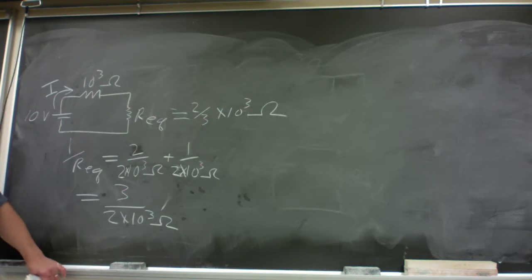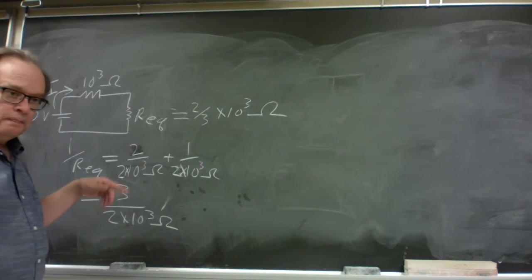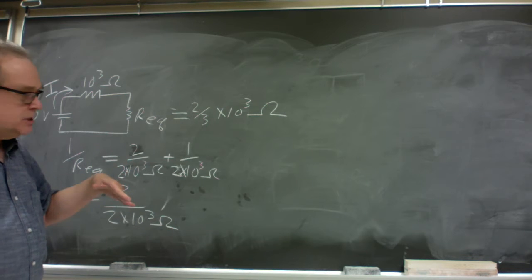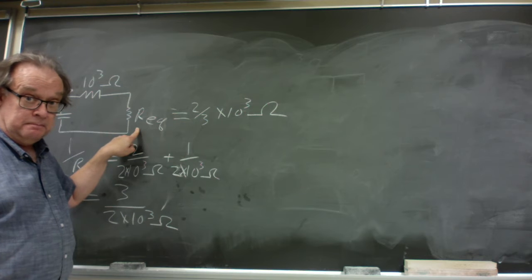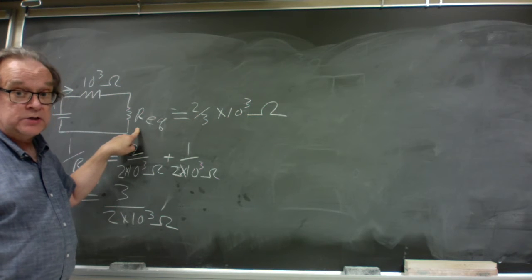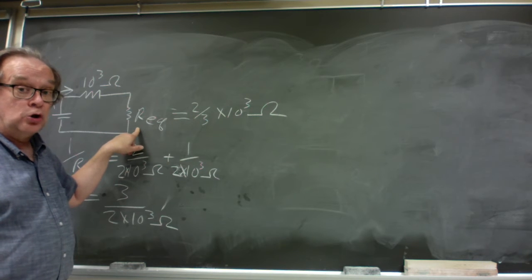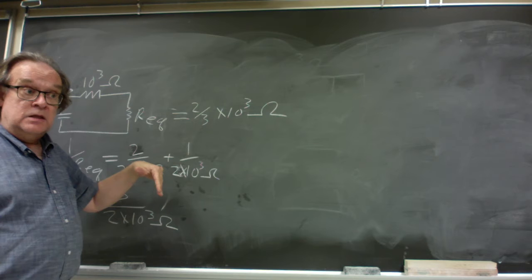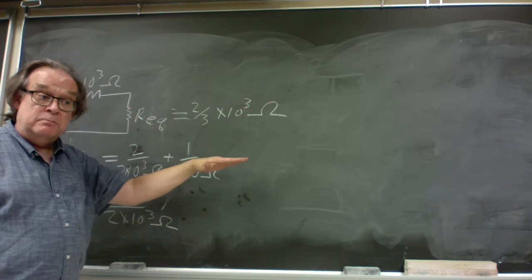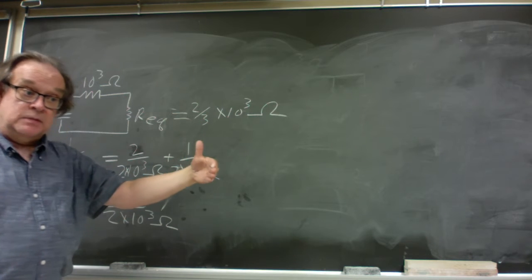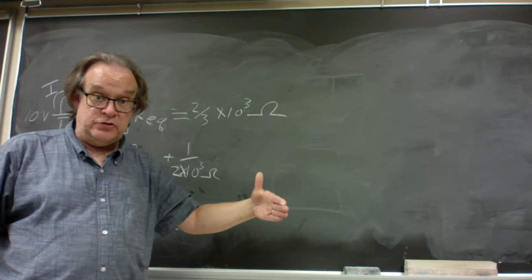Notice one important point here. Those two original resistors in parallel were 10 to the 3 and 2 times 10 to the 3. The equivalent resistance is smaller than either of them. That's the way it always works. The equivalent resistance is smaller than even the smallest of those resistances in parallel, because when you've got a bunch of different resistances in parallel, you've got a bunch of different paths.